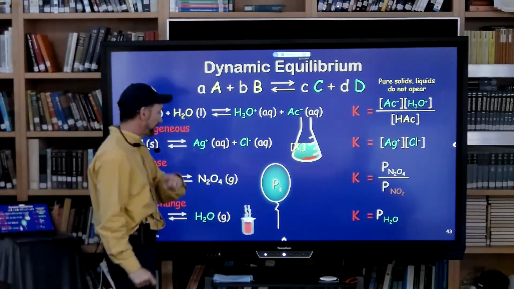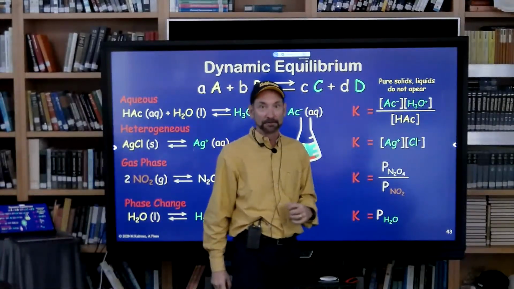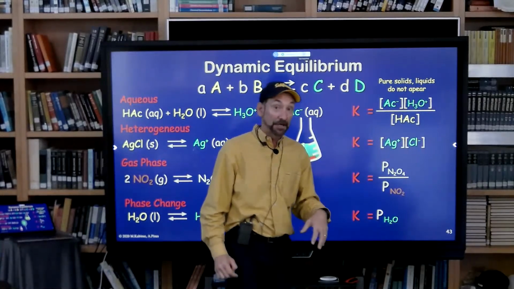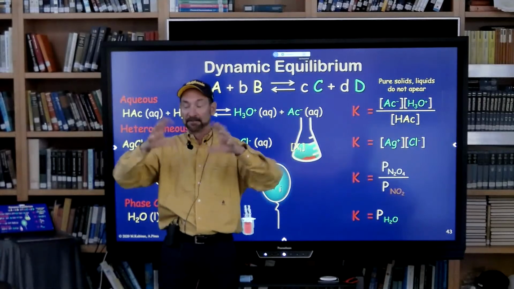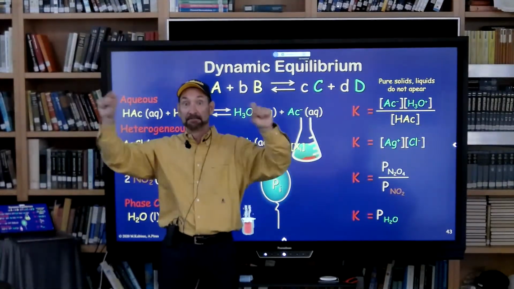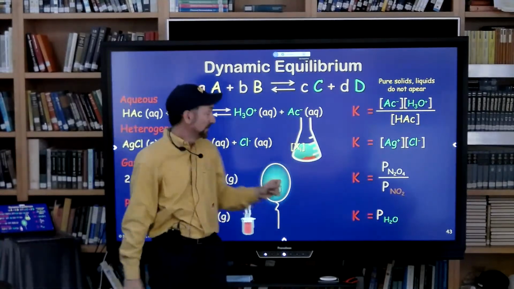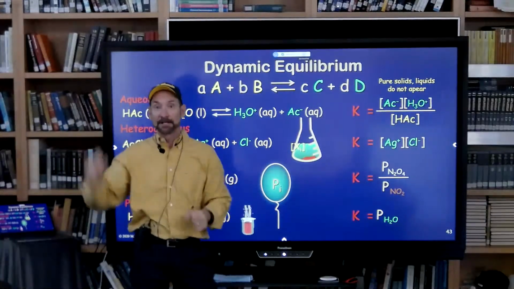Pressure in a gas is directly proportional to the number of particles. Pressure comes from the particles banging against the sides, like in a balloon. They're moving around, they're banging into the sides. In a balloon, the more particles, the more banging, the higher the pressure.